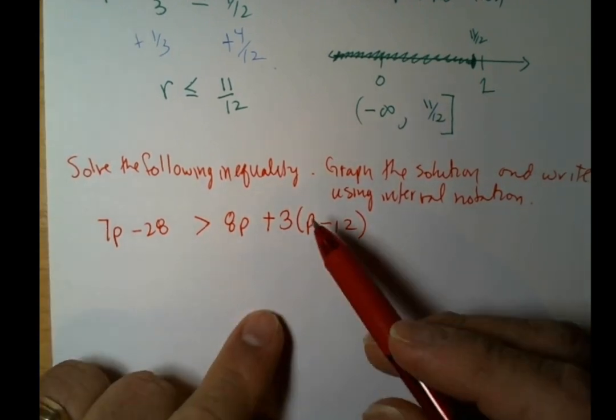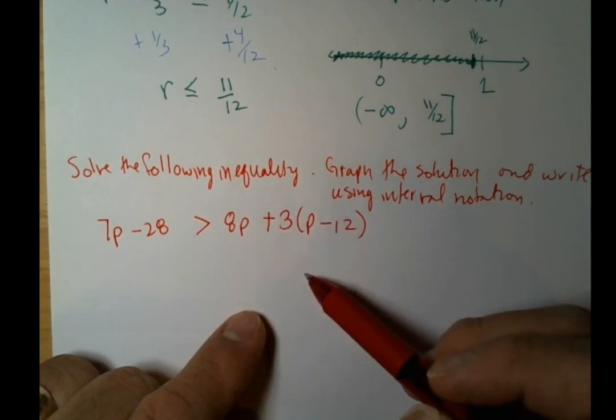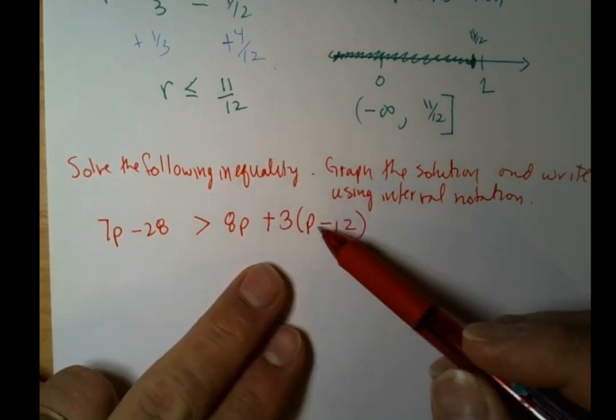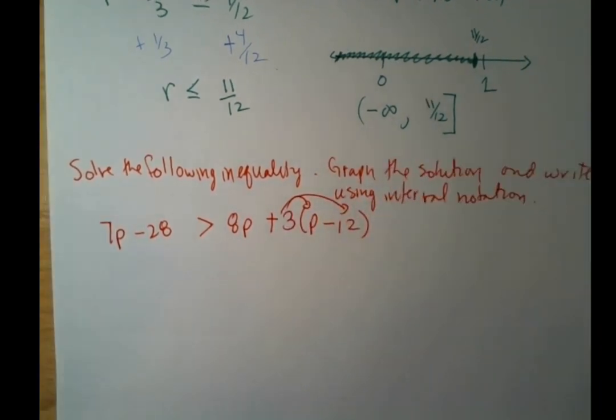The first step is to uncomplicate this. Let's distribute the 3 to both of these values.